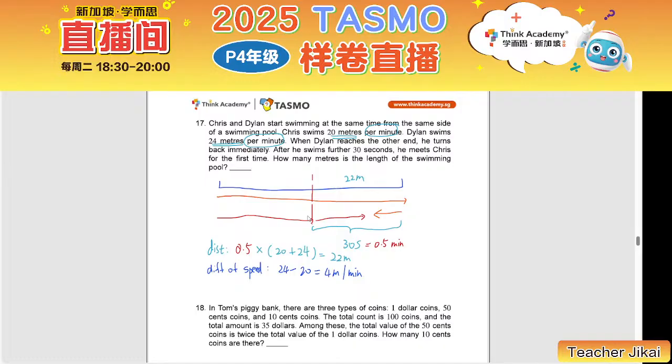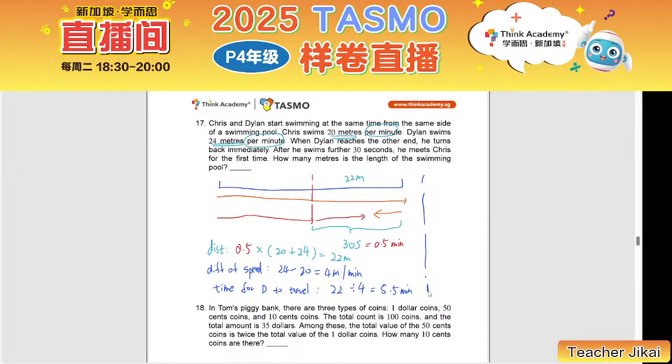So how many minutes did they travel? It is 22 divided by 4. So now we know Dylan traveled for 5.5 minutes to reach from this end to the other end.